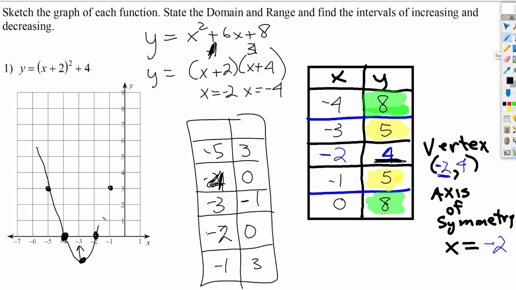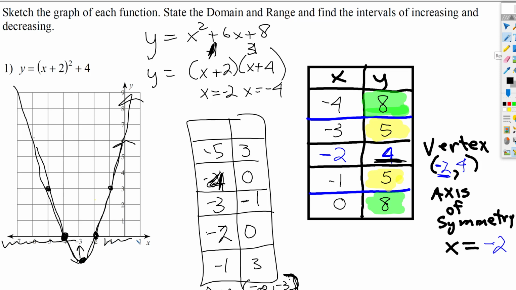And again, for increasing and decreasing, notice the y values, all of these x values from negative infinity up to negative 3, the y values are decreasing, and we can actually put a square bracket there because it's going to touch. I should have done that on the other one because it's actually going to touch there. And then look at this side.